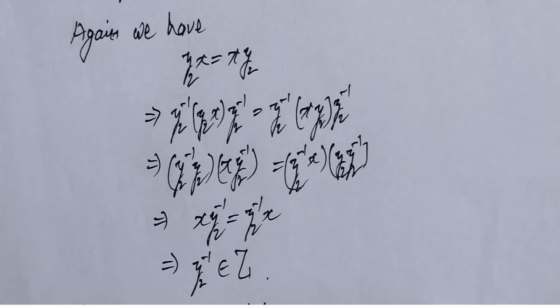By associativity, this implies z2 inverse z2 into x z2 inverse equals z2 inverse x into z2 inverse. z2 inverse z2 is the identity element. So, this implies x z2 inverse equals z2 inverse x, which implies z2 inverse belongs to Z as z2 inverse commutes with every element x of G.